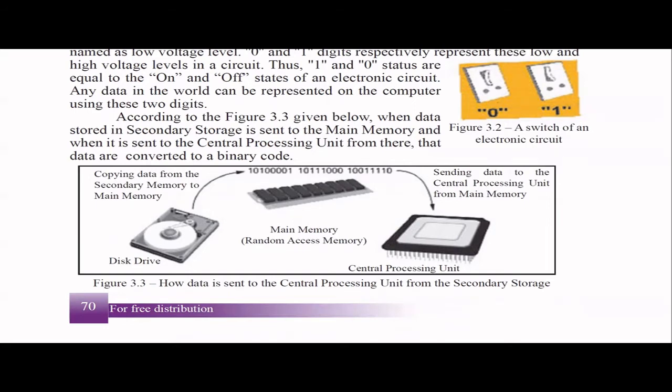You remember, main memory is the only memory which can be accessed by the CPU. Here, the data is always in binary format. Then it is sent to the central processing unit, or CPU, and the processing happens.